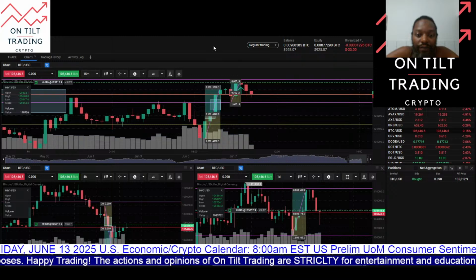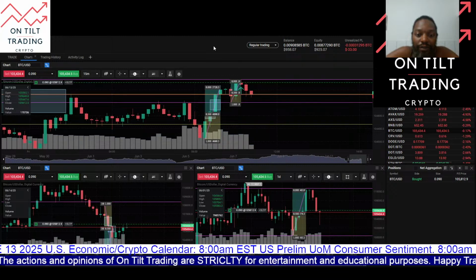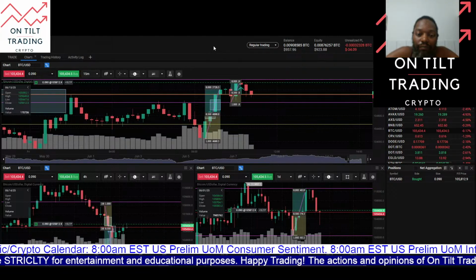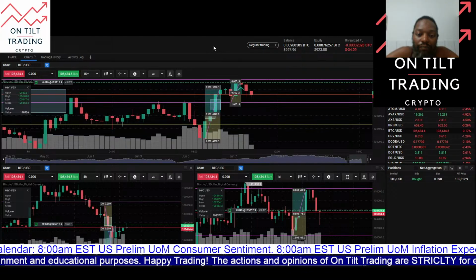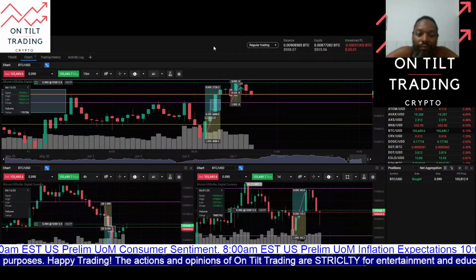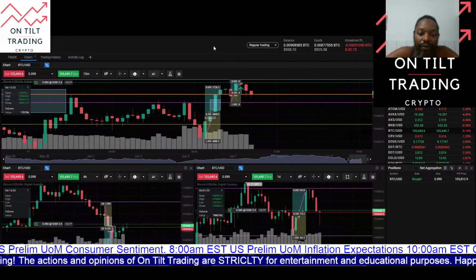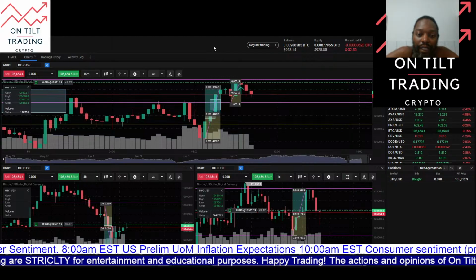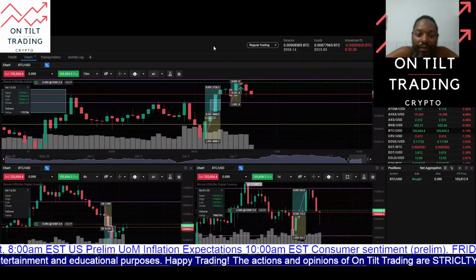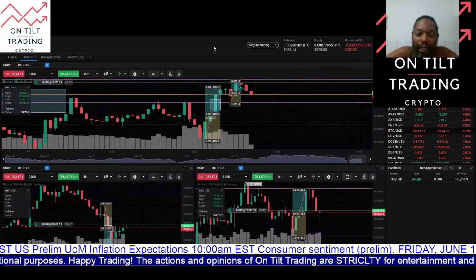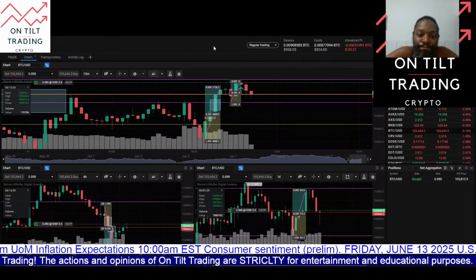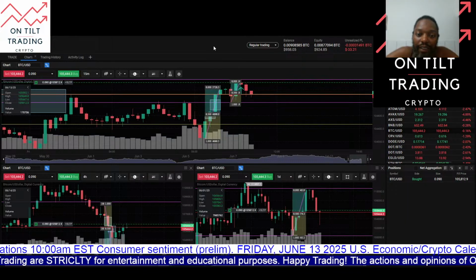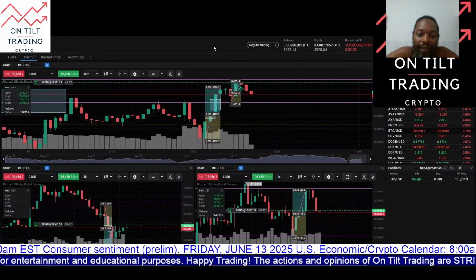Retest to the pre-market range. Still trading in this discount area, so this could be the pricing algorithm offering price to induce more buyers, or this could be price going lower and selling through the stop.